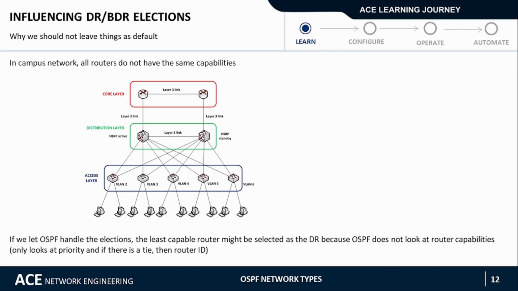If you let OSPF handle the election, the least capable routers might be selected to become the DR or the BDR, because as we have seen, OSPF does not look at router capabilities. It only looks at priority or the router ID.